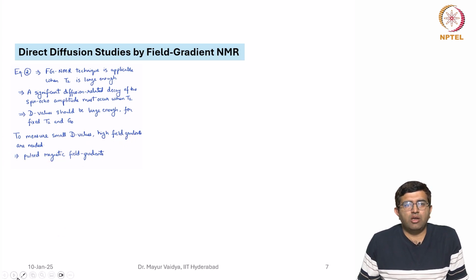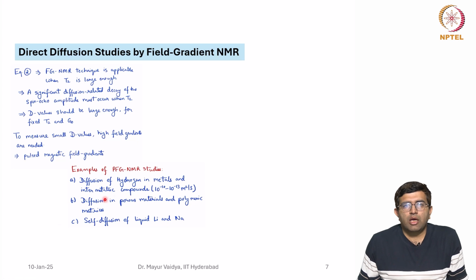pulsed magnetic field gradients. So, examples of PFG NMR, PFG stands for pulse field gradient, include diffusion of hydrogen in metals and intermetallic compounds, which are of the order of 10 power minus 10 to 10 power minus 13 meter square per second, diffusion in porous materials and polymeric matrix, and self diffusion of liquid lithium and sodium.